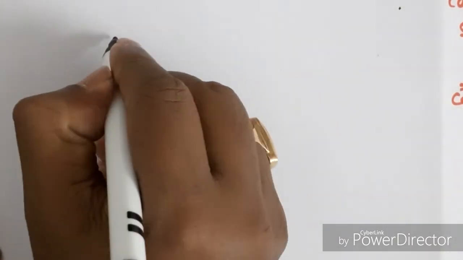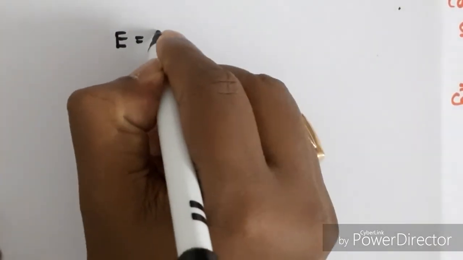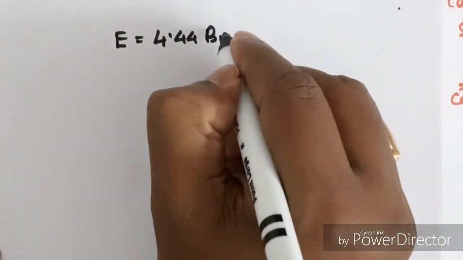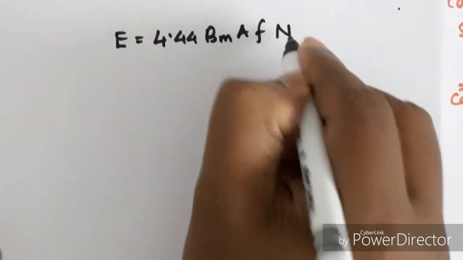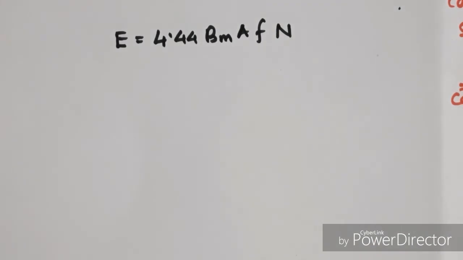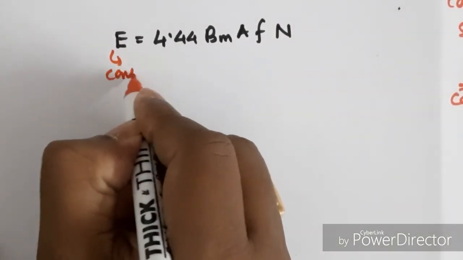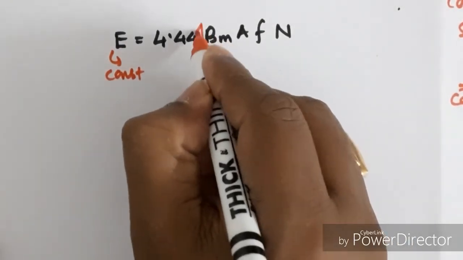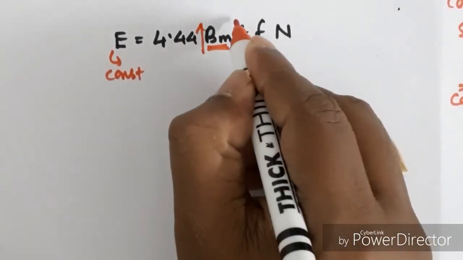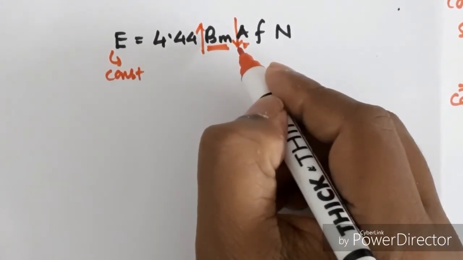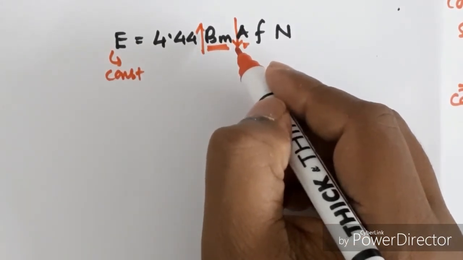Again, the EMF equation of transformer equal to 4.44 Bm A F into N. For the same rating of the transformer, that means E constant, if I increase the flux density Bm, then the cross section area A of the transformer will decrease, and size will also decrease.